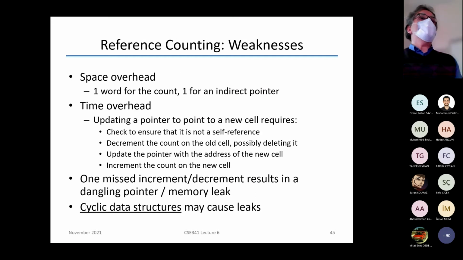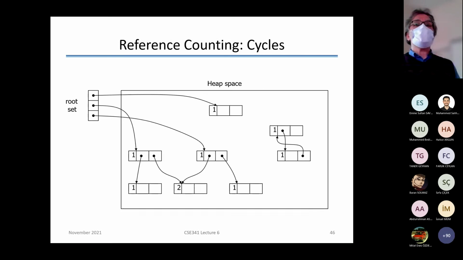So there is a space overhead. This is one problem. And this can also cause dangling references, and cyclic structures with cycles may cause leaks here. There is an example. When you have this one removed, and you remove this one, this goes to 1 from 2.